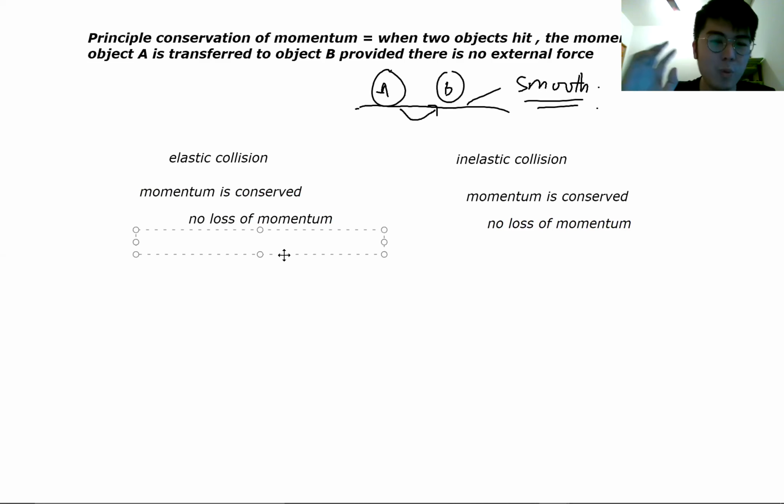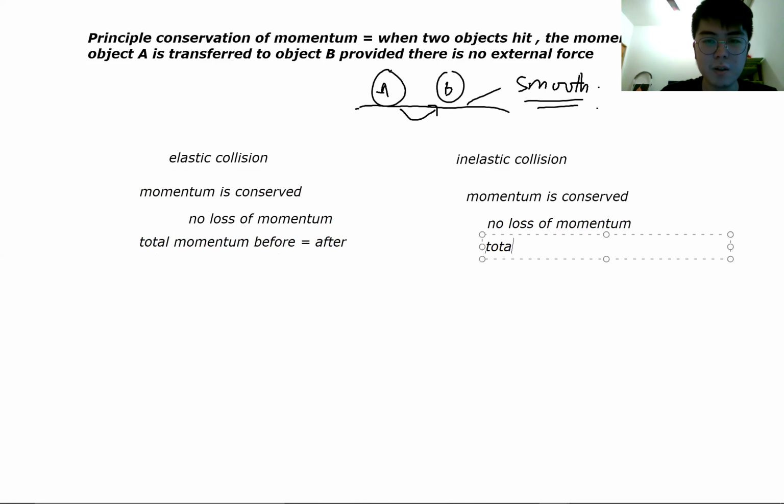In other words, the total momentum before equals after, for both. So regardless of whether it's elastic or inelastic, you can apply the same calculation for momentum, because in both cases momentum is still conserved.